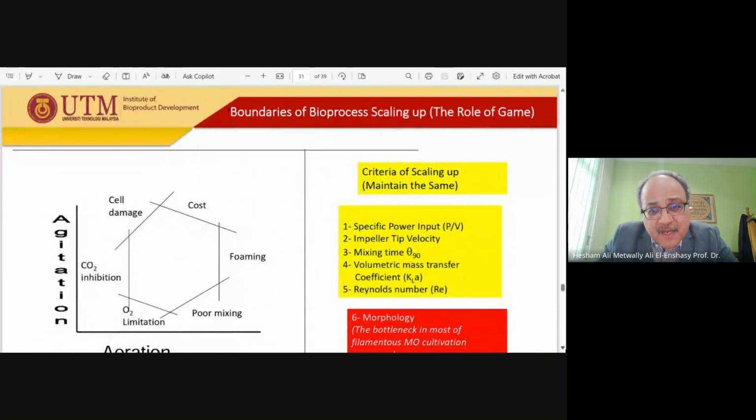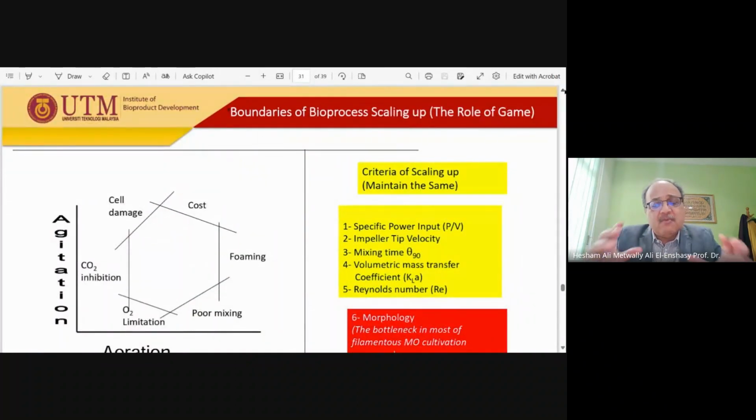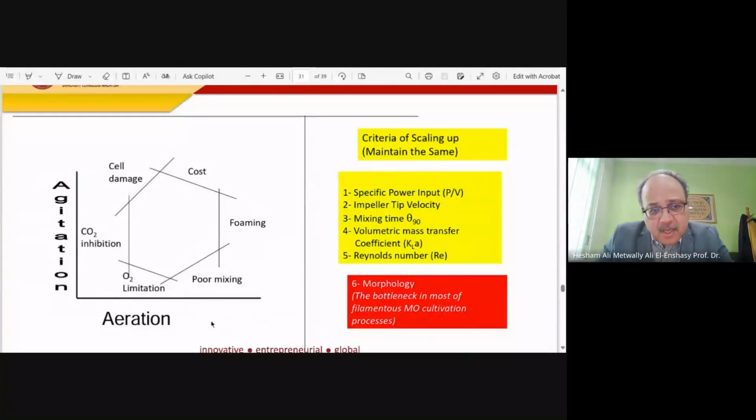Now, the boundaries of scaling up in bioprocess engineering. Usually when we scale up a process, we look at aeration and agitation, and we need to work within this hexagonal structure. If I use more aeration and more agitation, the cost of the process is very high.